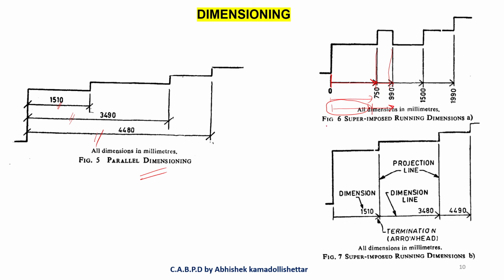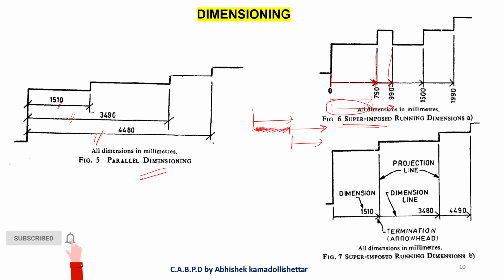That is known as superimposed. Like you're imposing, this is one dimension, there is another dimension, but you are not writing this line directly, you're taking from here. It is a superimposing dimensioning system. Okay, I hope you understood.